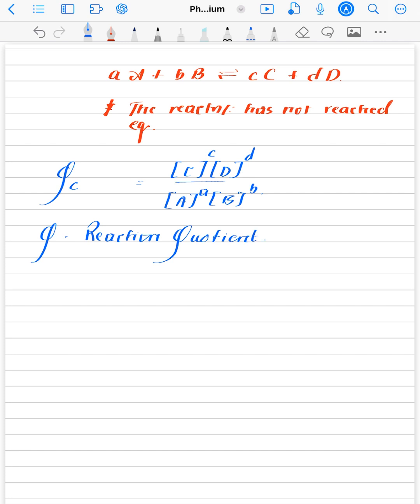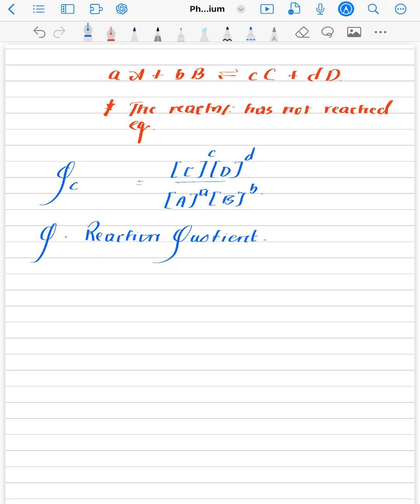So Q, you can give it as Q or Qc, is equal to the concentration of C raised to the stoichiometric coefficient c multiplied by the concentration of D raised to d, divided by the concentration of A raised to a and B raised to b, right?